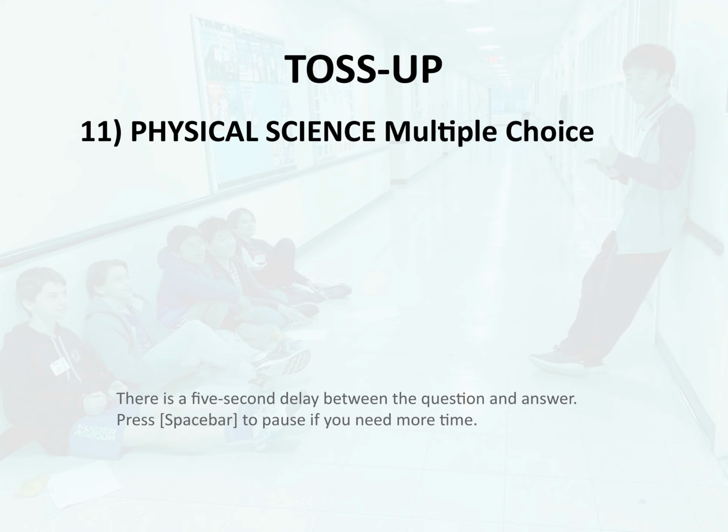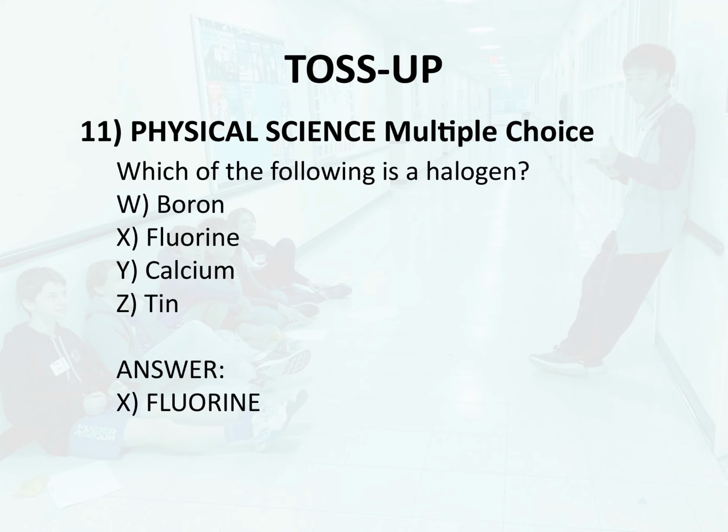Toss-up 11. Physical science. Multiple choice. Which of the following is a halogen? W. Boron, X. Fluorine, Y. Calcium, Z. Tin. Answer: X. Fluorine.